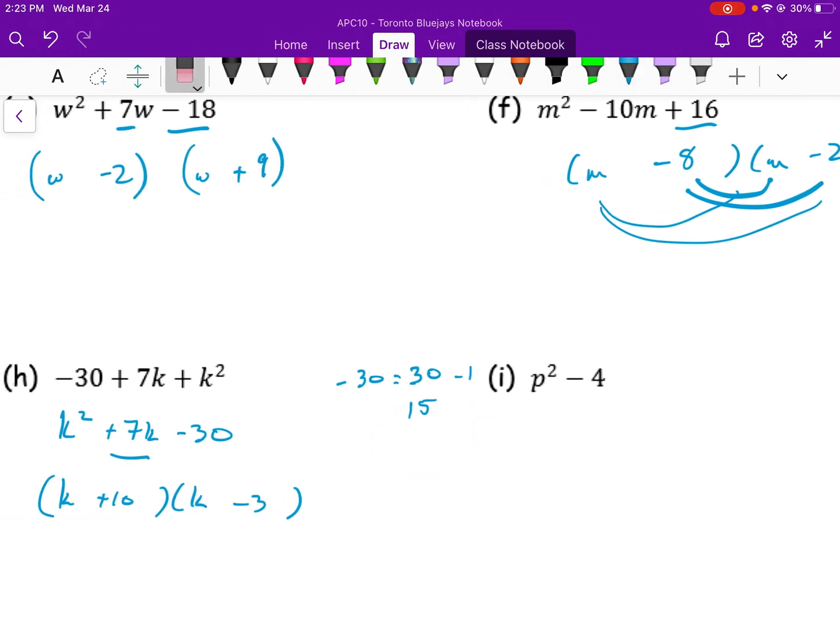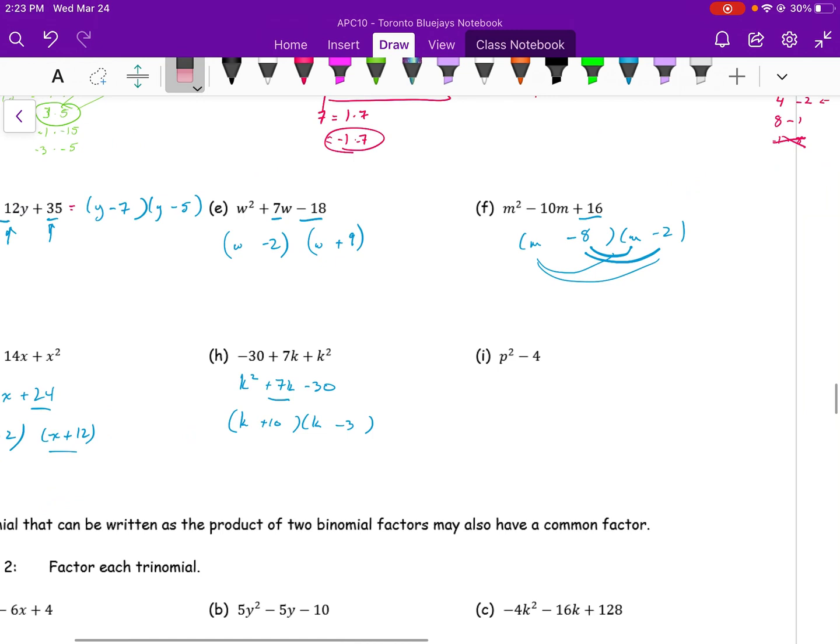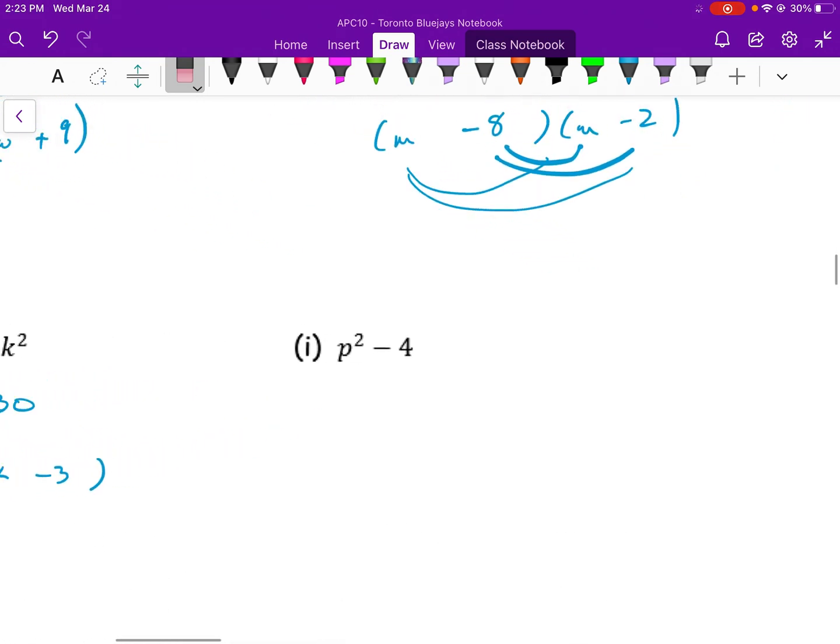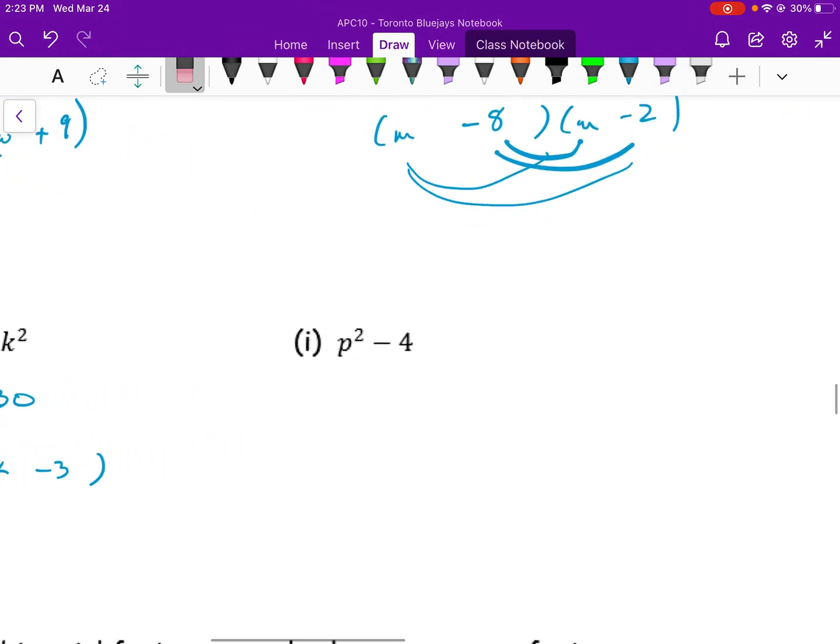So really, this is all good, except for this last one. Is this a special case? It is a special case, but this is also case 1. What is the coefficient in front of p squared? It is 1. What is missing? We're missing a term of p.